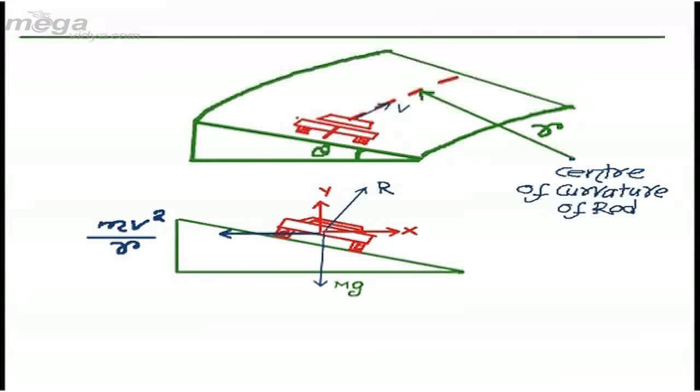Say this angle is theta. No doubt, this angle will also be equal to theta, because this is theta, so this is 90 minus theta, and this line is perpendicular to this line, so the angle between mg and the normal to the inclined plane will also be theta.